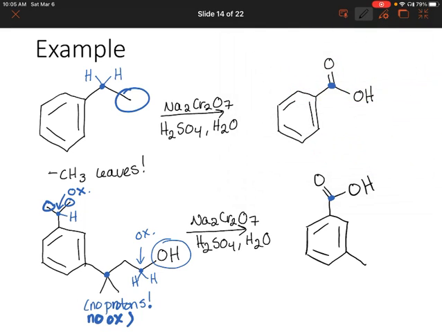And then down below, we're forming our carboxylic acid where the alcohol was. Okay. So this is kind of cool because you can sort of ignore whatever carbon chain there is. And just note that you're going to form a carboxylic acid at the benzylic position. Any other carbons are just going to leave on that chain.